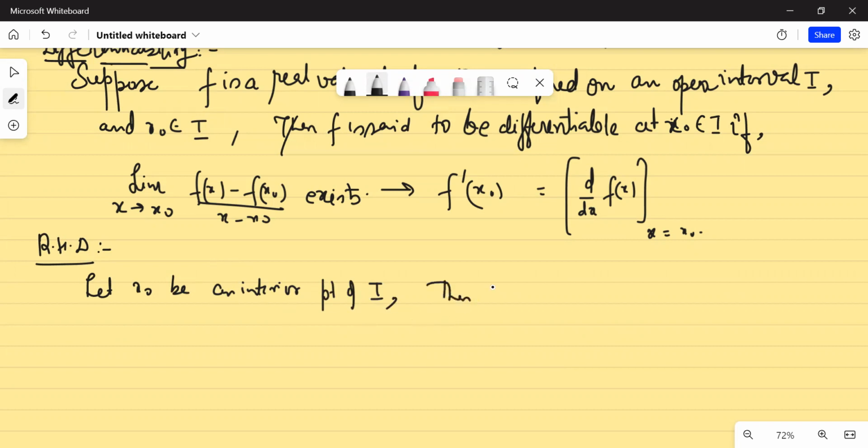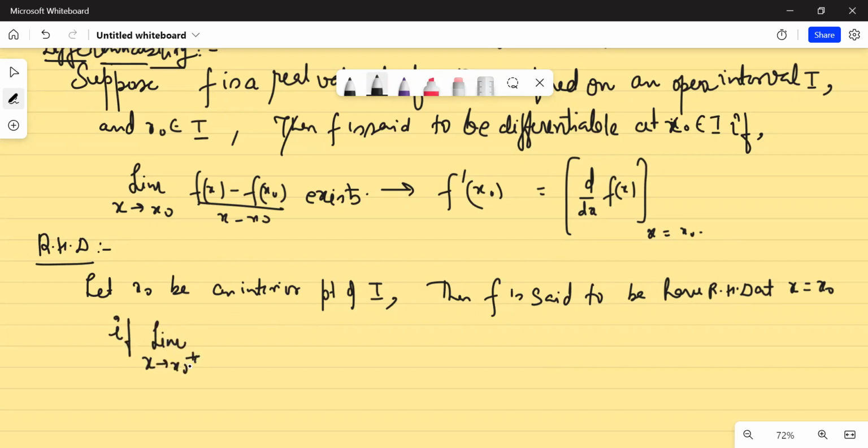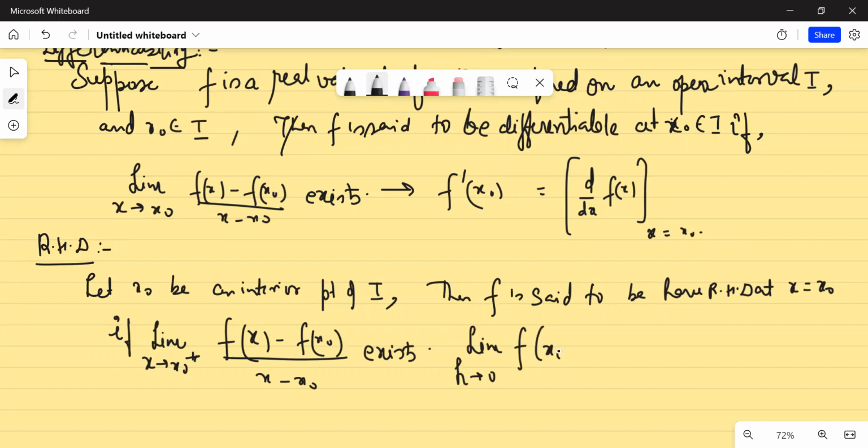Then f is said to have a right-hand derivative at x equal to x naught if limit x tends to x naught plus, which means that f of x minus f of x naught divided by x minus x naught exists, or in other words, limit h tends to 0, f of x naught plus h minus f of x naught divided by h exists.